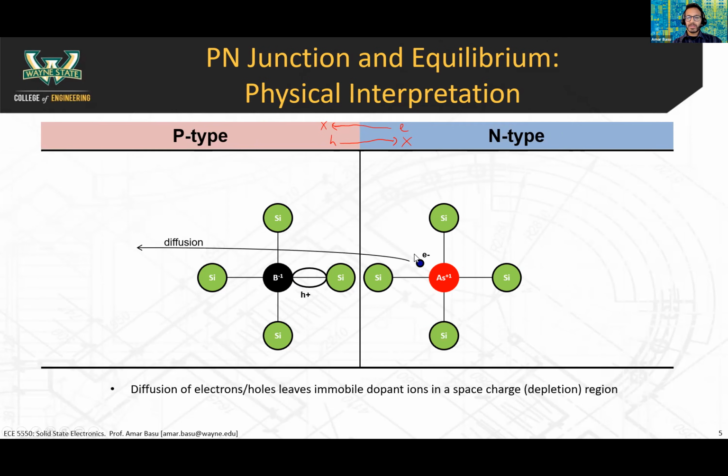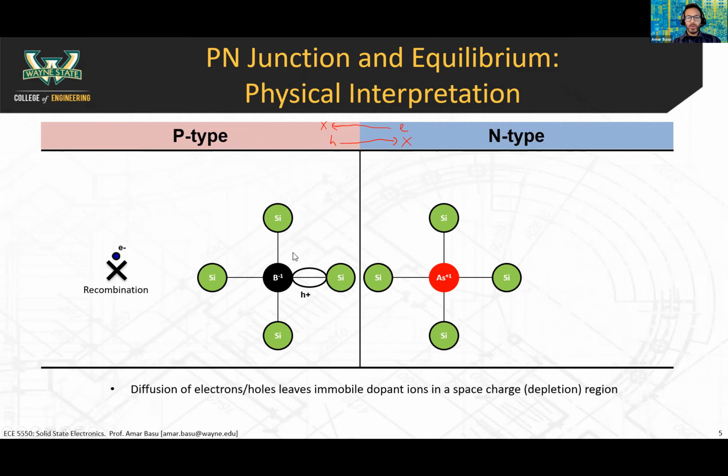You imagine the electron diffusing over into the p side, and once it gets over to the p side, there are so many holes here that there's a high probability that this electron is going to recombine. So we can think in our heads that once it gets over to this side, there's going to be recombination here.